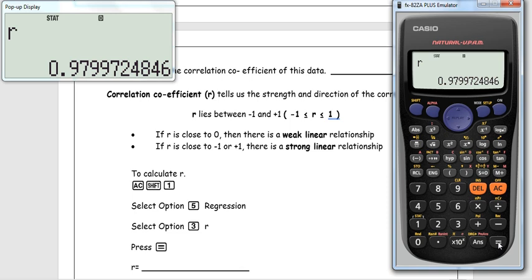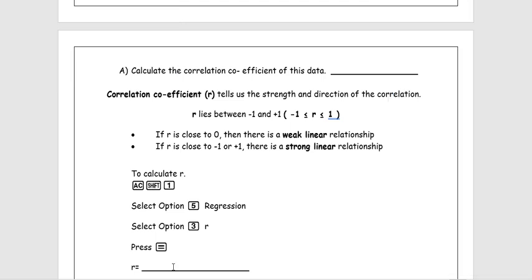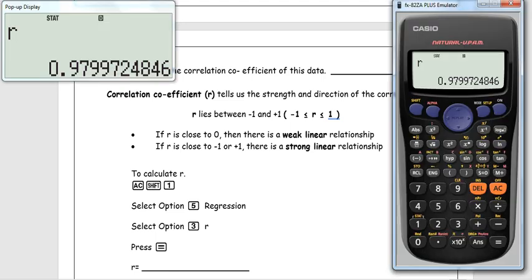And there we have our answer. R is going to equal 0.9799724846. Sometimes they will tell you to round off to 2 decimal places. In this situation, I'm going to keep it at that. So our R value is actually going to be 0.98.